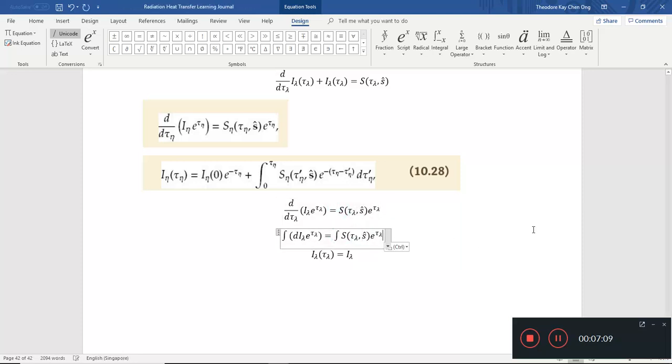I'm just going to have this here and d tau lambda. The right hand side is this variable, tau lambda, and I want an expression going from tau lambda equals 0 to tau lambda equals tau lambda.